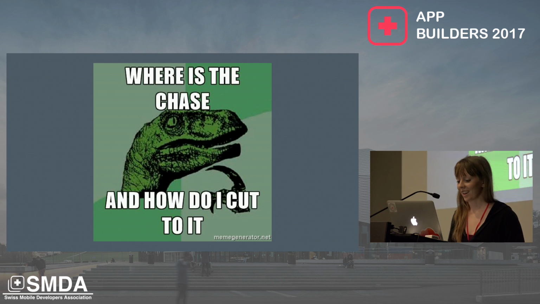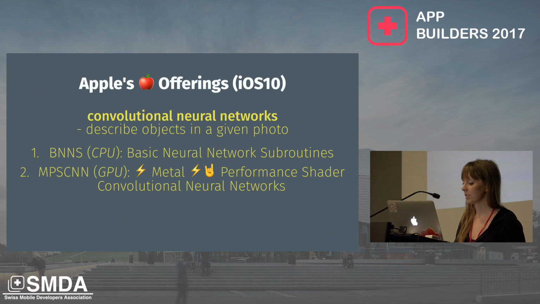Okay, so let's cut to the chase. How do we actually use the Apple-provided APIs? At WWDC 2016, with iOS 10, Apple introduced 2 APIs for running inference on the device. Both use convolutional neural networks. This type of neural network is best for describing objects in a given photo, like recognizing the dog in that photo.